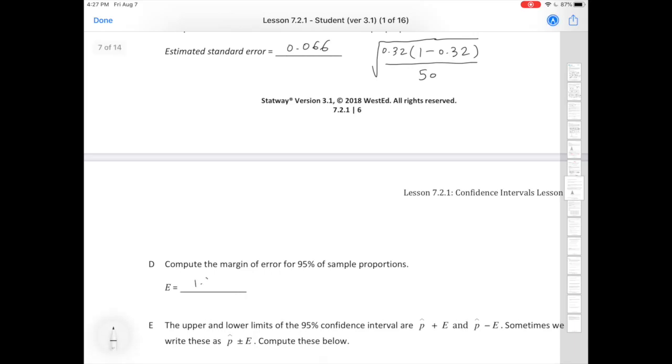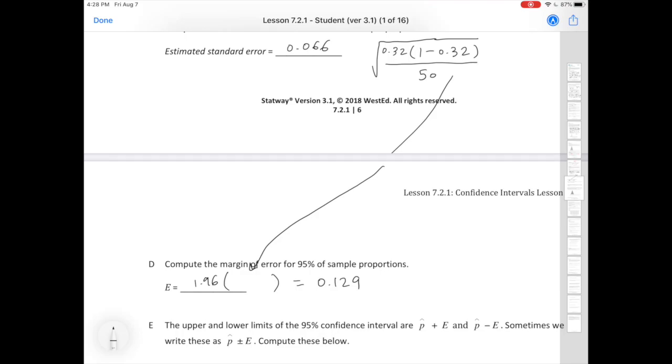We're going to take 1.96 times the standard error, right? So times the answer. So in other words, I'm taking this guy and I'm going to multiply it by 1.96. Okay. All right. So if I do that, I actually end up with 0.129. 0.129.